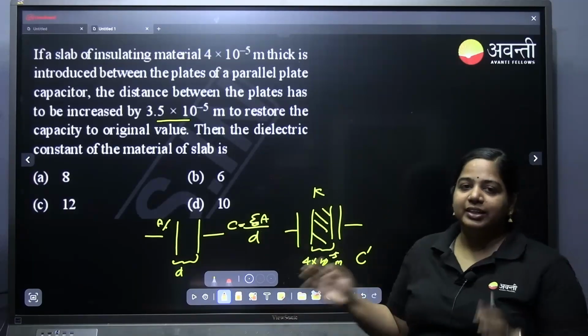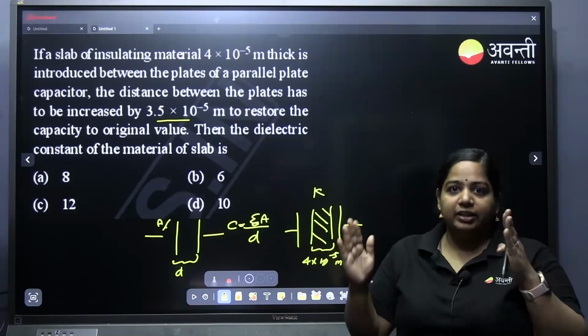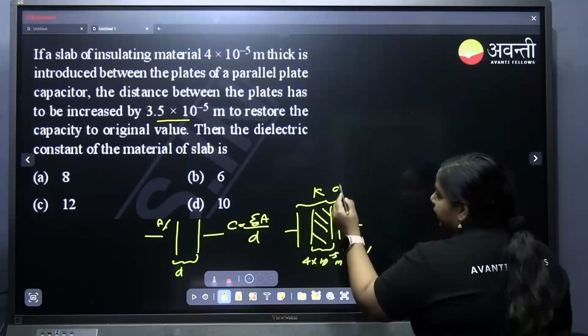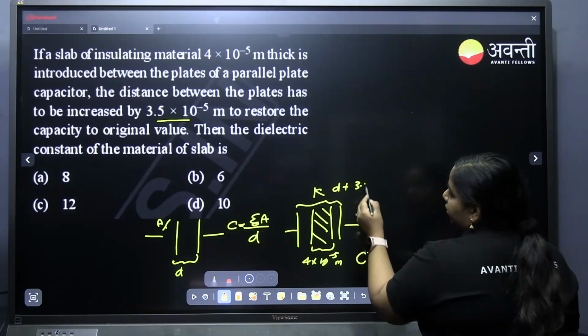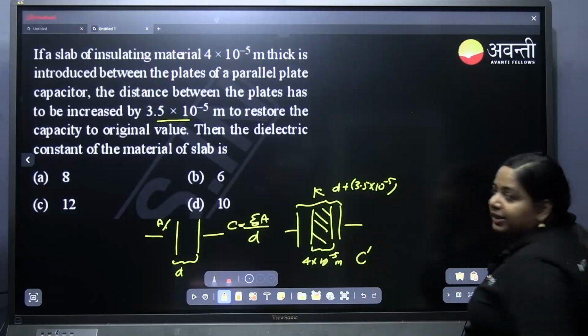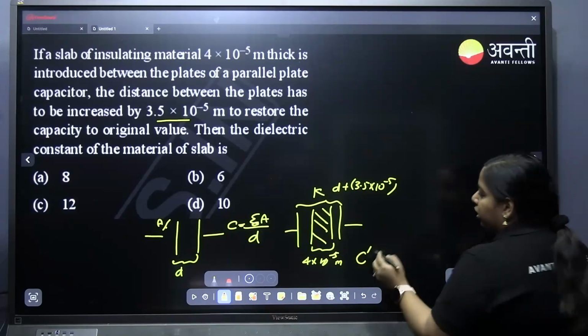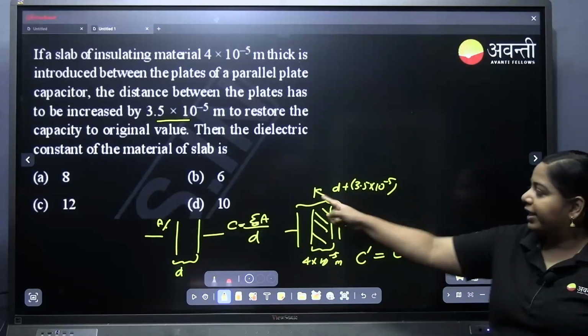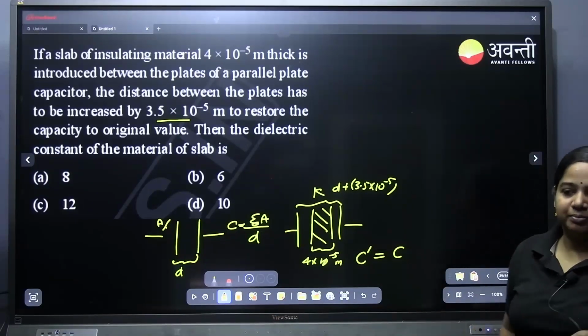But what they are saying is that they increase the separation to d plus 3.5 into 10 to the power minus 5. When they increased it by this much, you got C dash equal to C. Then what is the value of K? That is the question.